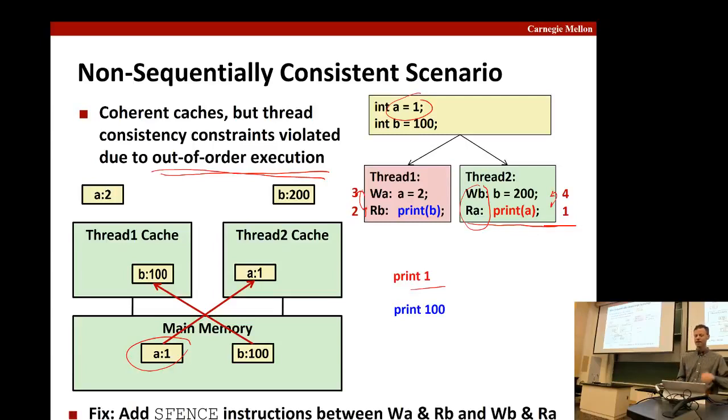All right. Now, the dirty secret is that while everybody, programmers and software and so on, want sequential consistency, there's typically a heavy performance penalty to be paid to have a processor that supports it.